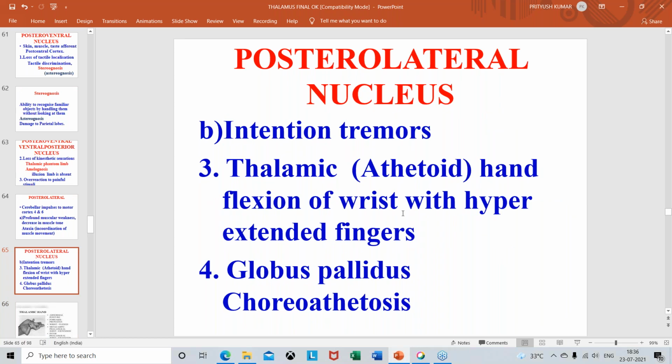There is a thalamic or athetoid hand. What is the athetoid or thalamic hand?